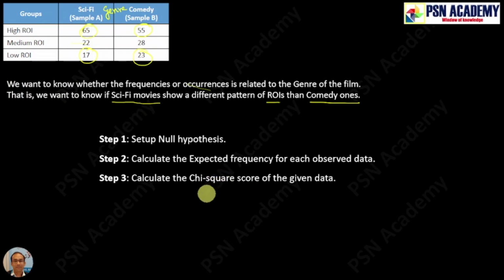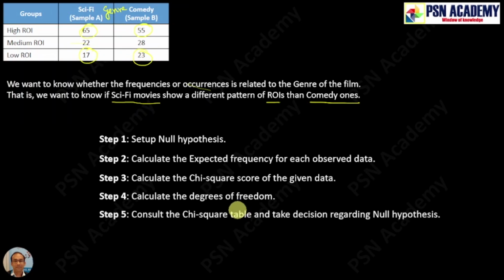Next, step 3. Calculate the chi-square score of the given data, because you are ready to go, because you need only two things, the observed data and the expected data or the expected frequency. That's all. And the next one is calculate the degrees of freedom, because here degrees of freedom matters.